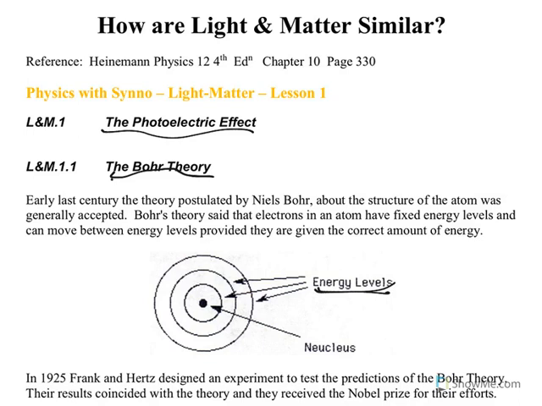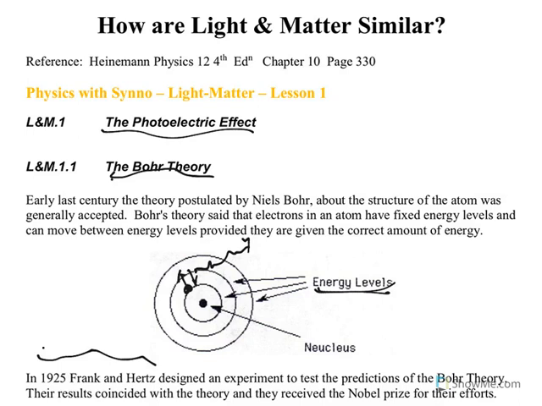If an electron was here, it could move up to that level there if it got the right amount of energy, and then it wouldn't really want to be there, so it'd drop down, and then some light would be given off. We looked at that a little bit in year 11 in unit 1. So that was Bohr's idea, very famous physicist.